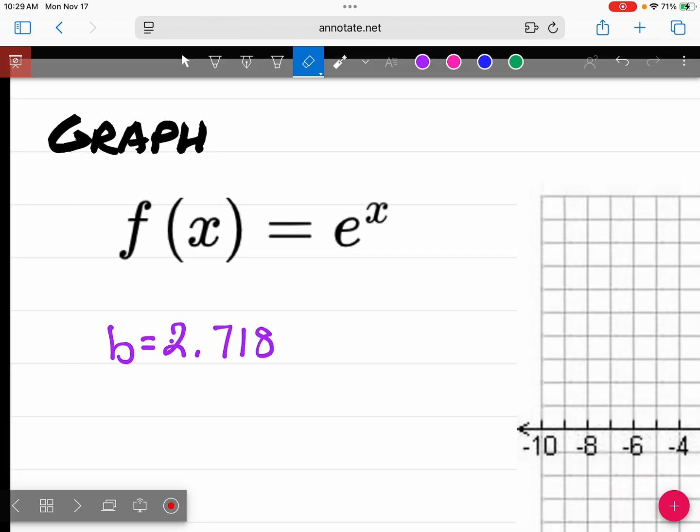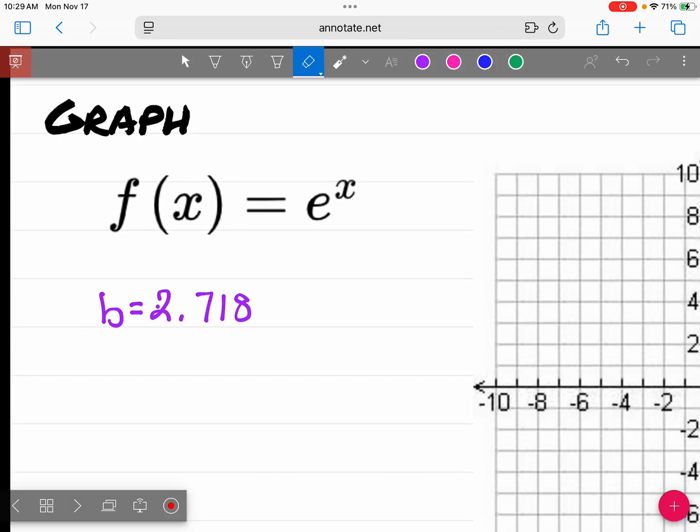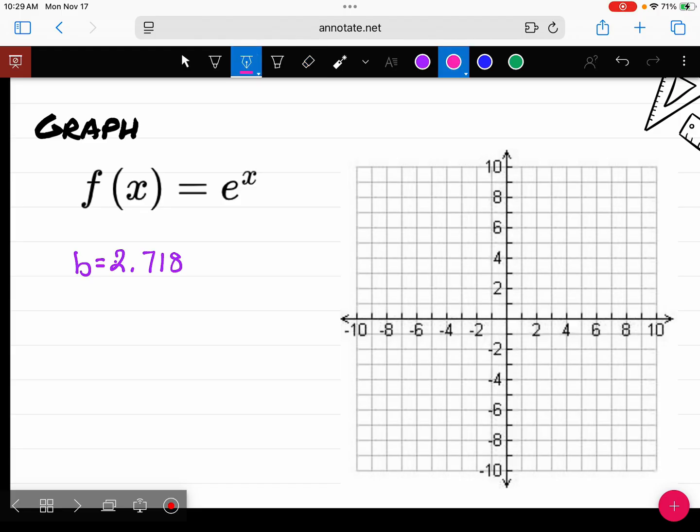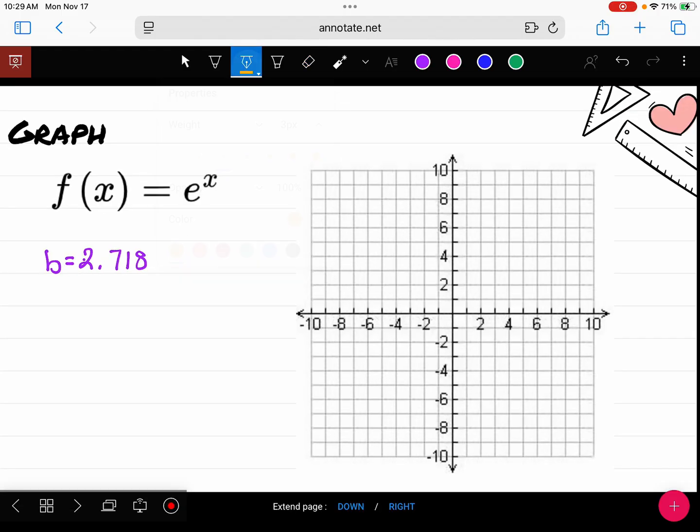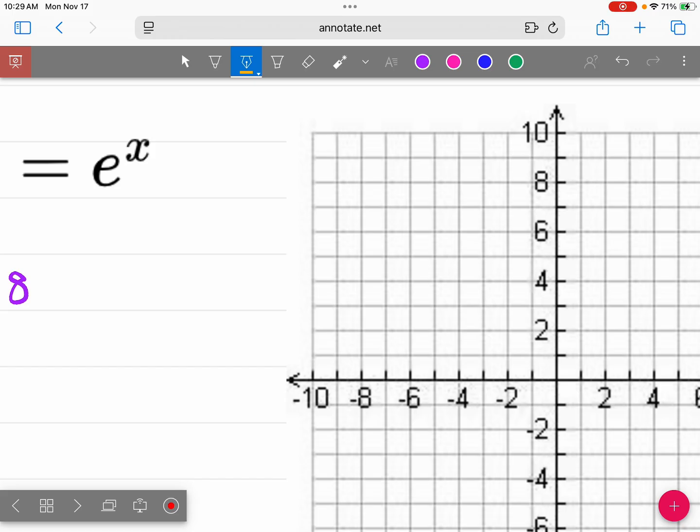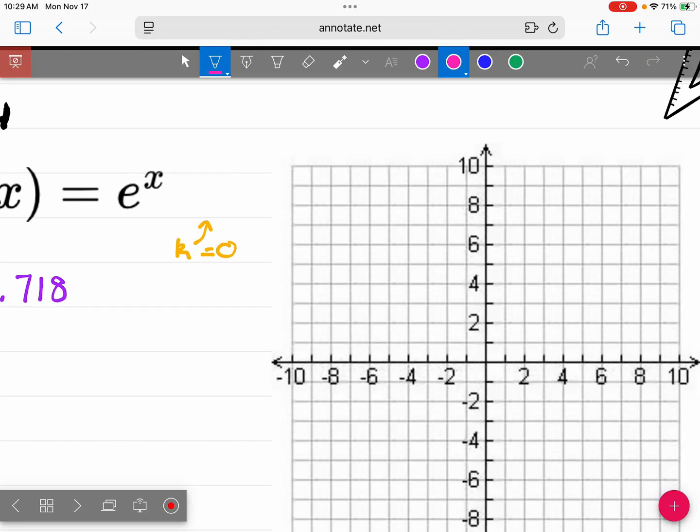So if we were to make a full table, 100% okay, we can type it in the calculator: e to the minus 2, e to the minus 1, e to the 0, e to the first, e to the second. I can get points, I can line them up. Absolutely valid. I can also start with my asymptote being at K. Here our K is 0, so we're going to have an asymptote at 0.